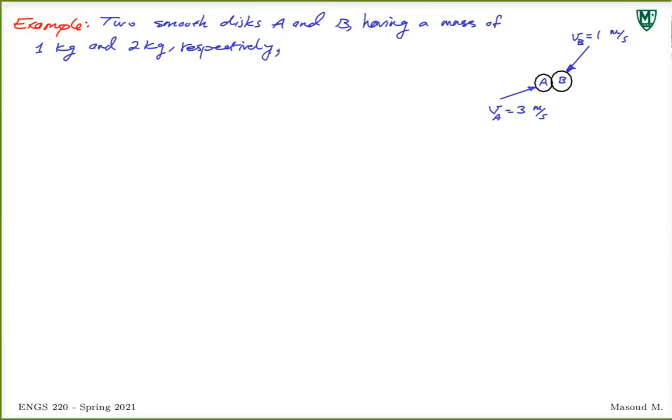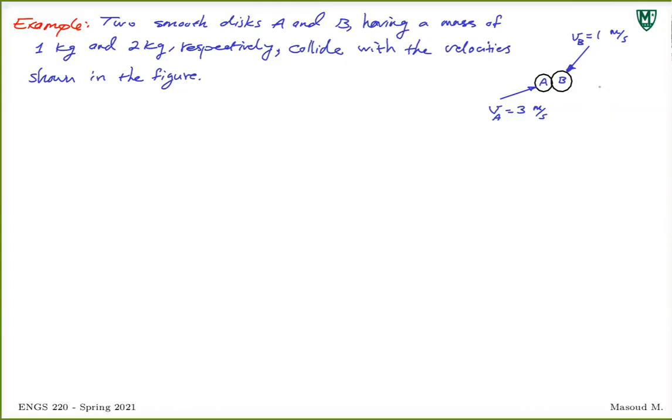Respectively, I think the problem sentence continues. Collide with the velocities shown in the figure. Right? How do I draw that? It's 1 meter per second for B in that angle and 3 meter per second for A.